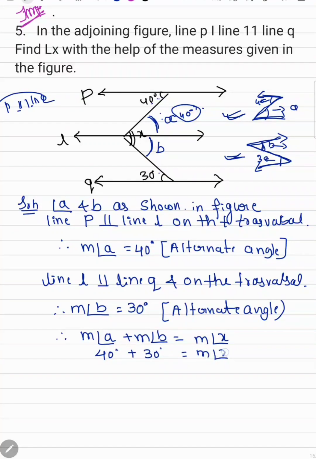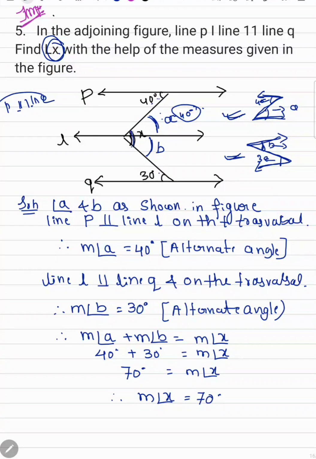Measure of angle X is equal to 70 degrees. Therefore, measure of angle X is 70 degrees. Then here we find the answer of the X value in the question.